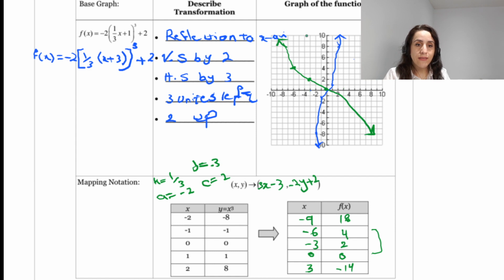Negative 9 and 18 is not on this graph, and 3 and negative 14, but we can see that 3 has to be negative 14, am I correct? Negative 16 and 2, yes. Then I had to go sharper after this point. Then let's fix it.